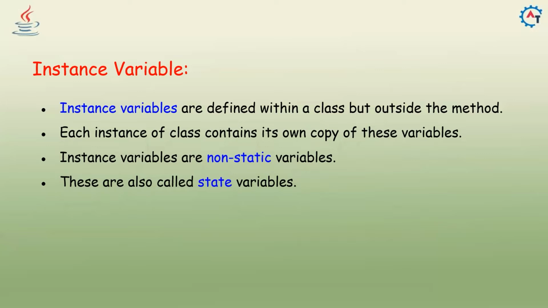Each instance of a class, meaning each object, contains its own copy of these variables. We can create multiple objects of the same class, and when you create an object, it will contain its own copy of this variable.